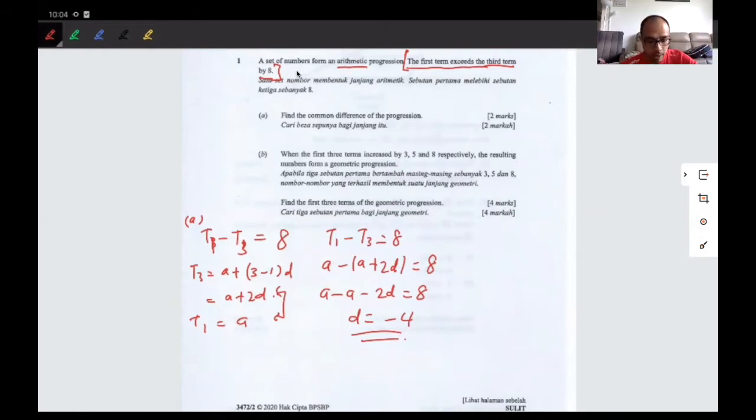B, when the first three terms are increased by 3, 5, and 8 respectively, the resulting numbers form a geometric progression.